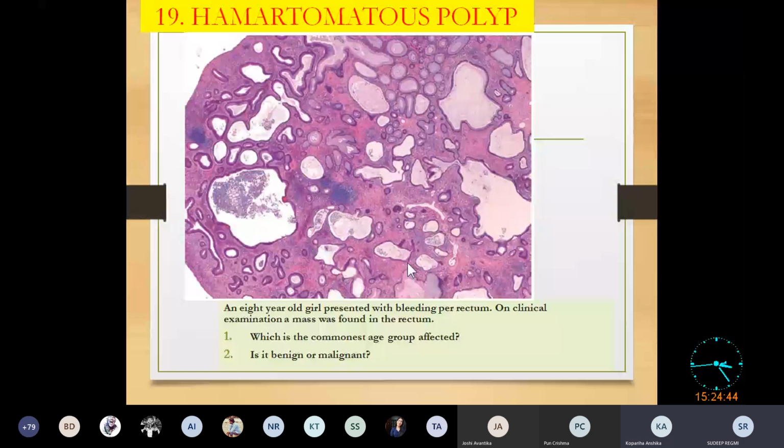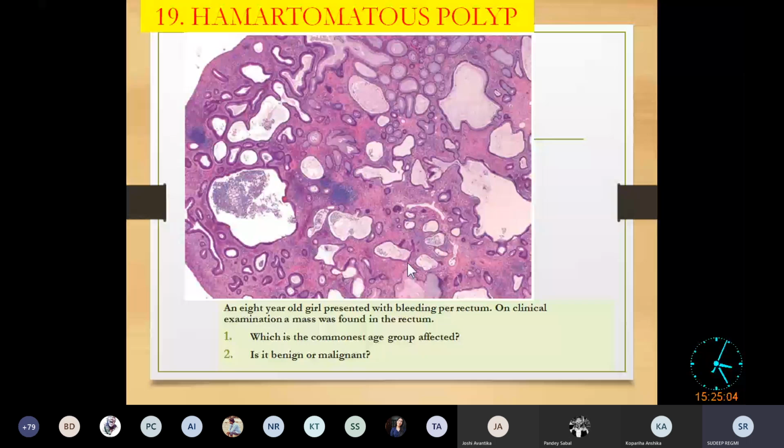Many dilated glands are seen. The cells lining the glands are not malignant or pleomorphic. Certainly there is no malignancy. Whatever is seen, these are all benign elements.